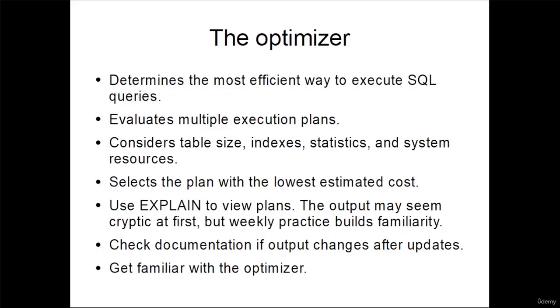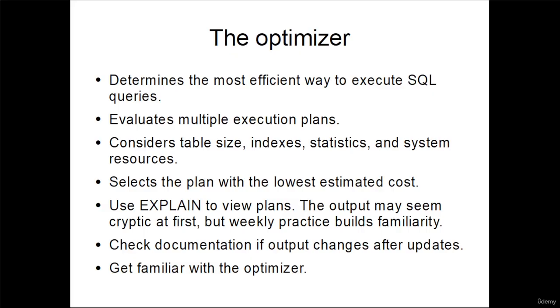Understanding query optimizers in Postgres and MySQL. In this guide, we dive into the query optimizers of Postgres and MySQL, building on our earlier introduction. A query optimizer is a core component of a database management system that determines the most efficient way to execute a SQL query.